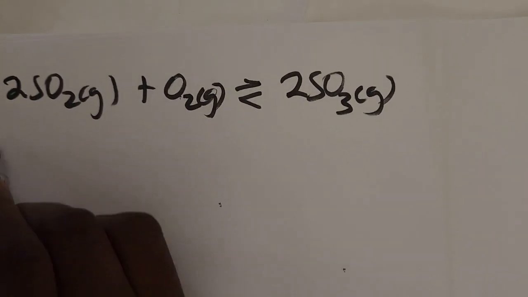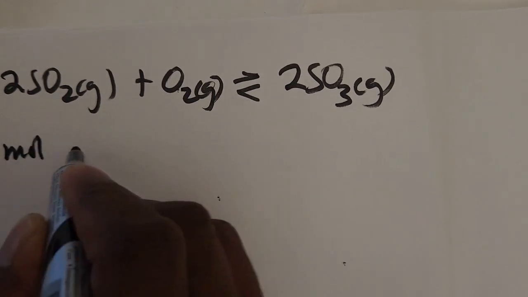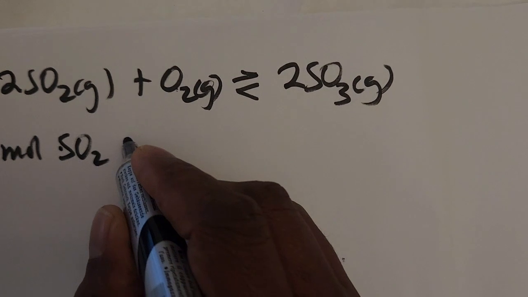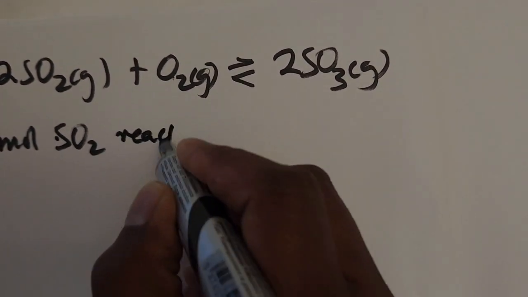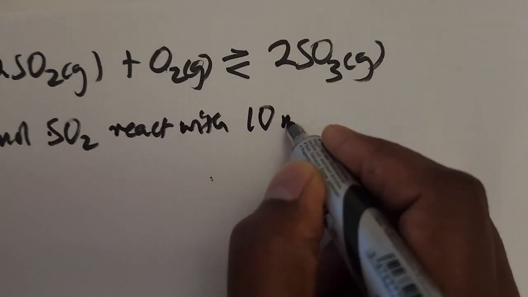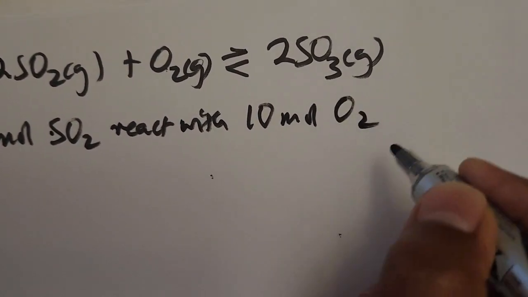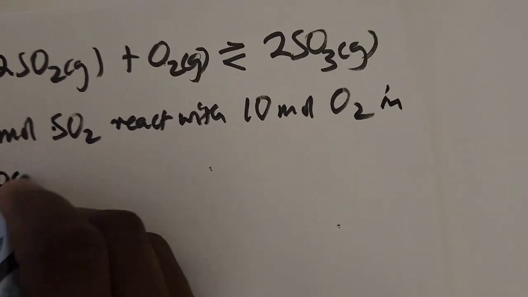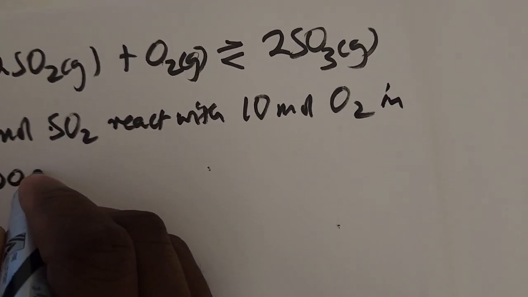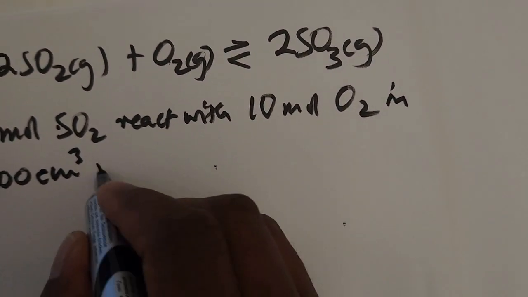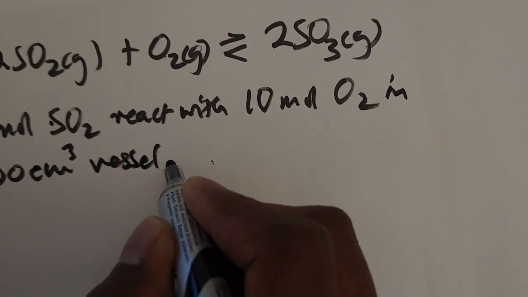Now they are telling us that 8 moles of sulfur dioxide react with 10 moles of oxygen in a 500 cubic centimeter vessel in this case.